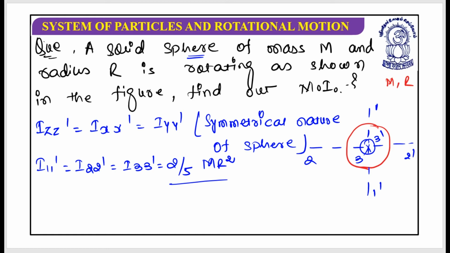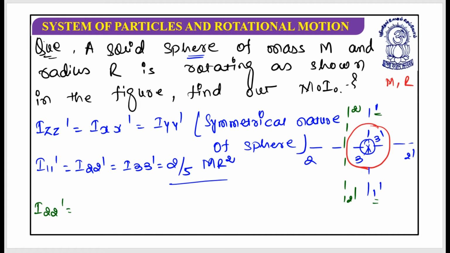Now, second question. Let's have a look. It is passed through this. This is 22 dash. So what will you do? This I22 dash is parallel to whom? Yes, it is parallel to 11 dash.